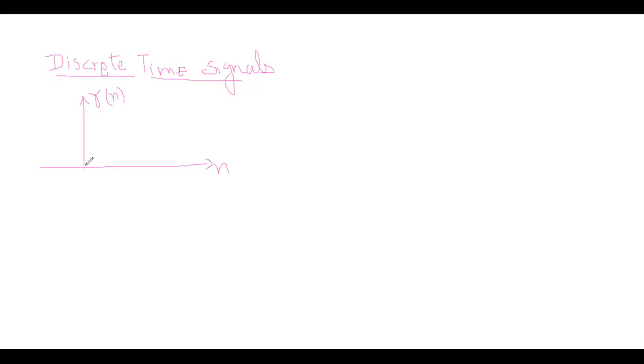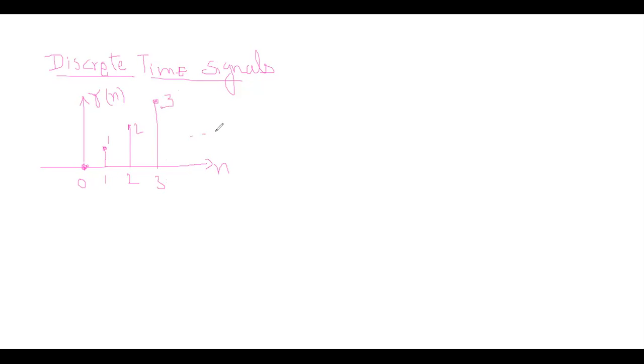For 0, the value is 0. For 1, r of 1 is also 1. And for 2, r of n is also 2. For 3, r of n is also 3, and so on.